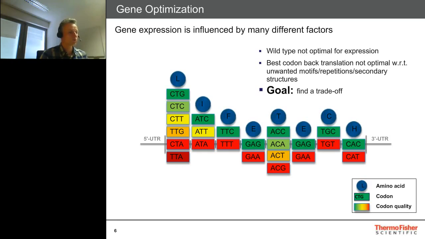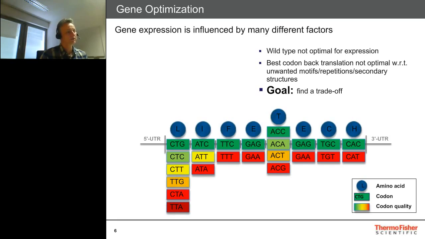And this is a multi-parameter optimization, a multi-parameter challenge basically. And what we do at GeneArt during the optimization is we weight different factors, and if possible we use the best codons, but not in all cases. It might be better to use the second best or the third best codon when other important factors come into play that are more important.